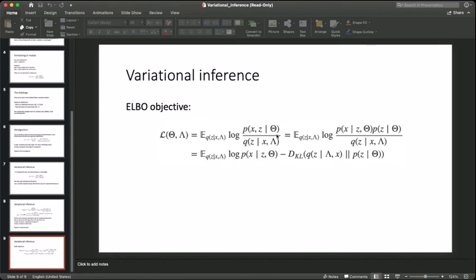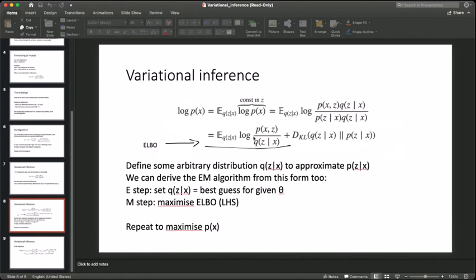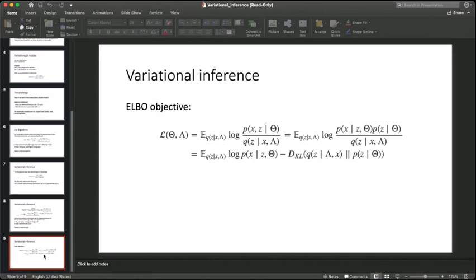Yeah, it's where I start off the derivation, the expansion. Over the joint, I see. Yeah, I think I misread.